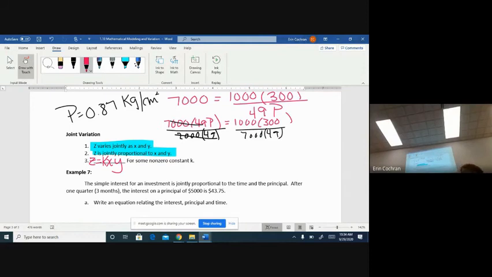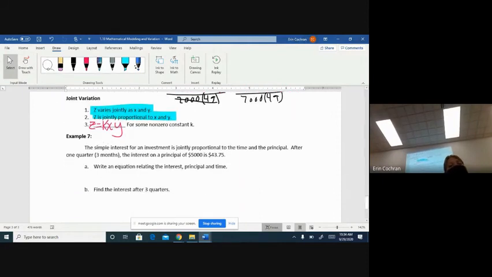The most common one with joint variation is our simple interest. You guys have learned simple interest before, haven't you? I equals PRT, right? It's kind of like the same idea here, okay? The simple interest for an investment is jointly proportional to time and principal. So the simple interest represents what letter?